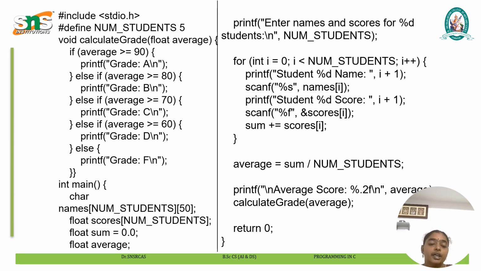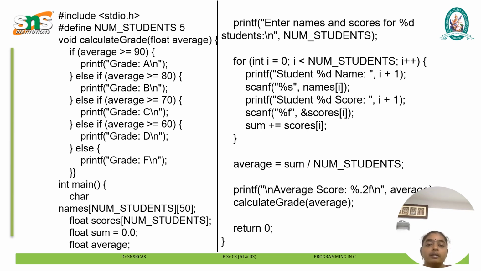In the int main method, we declare a character array for names, then a float array for scores, then sum equal to 0 and an average variable.